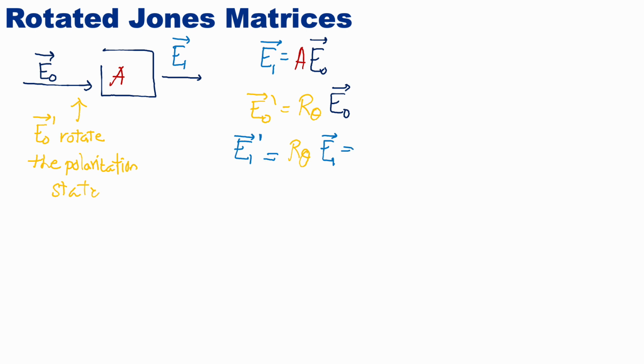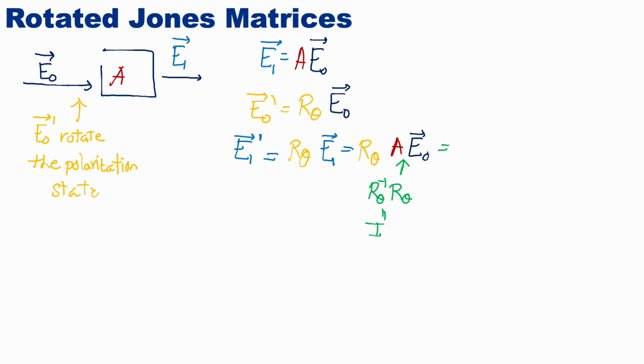So we know here that we have our rotation matrix, but the output, we know already that the output was A with my original input vector, and now I can put here an identity matrix. That's going to be the inverse of the rotation matrix with the rotation. So this is going to be my identity matrix.